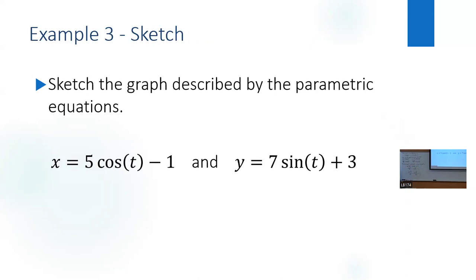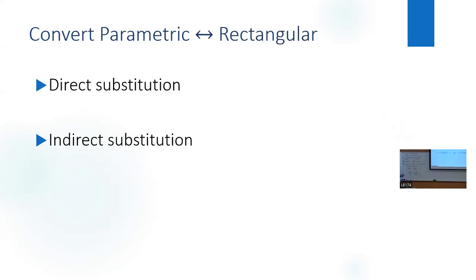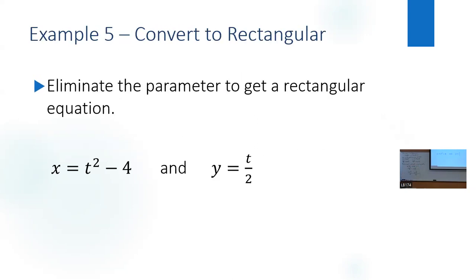And it's also why if you go through and do the same thing for example 3, that's why this one looks like an ellipse. And in example 2, that's why that looked like a circle. Think what that has to do with it? But there it is.